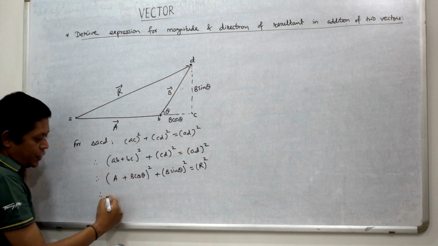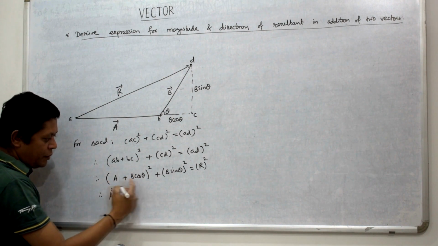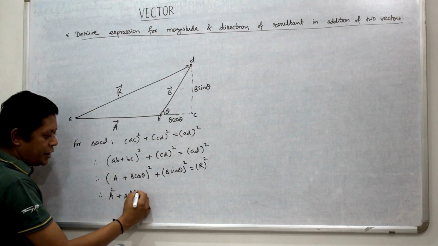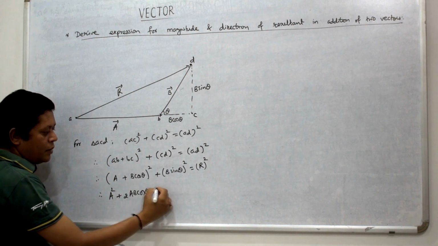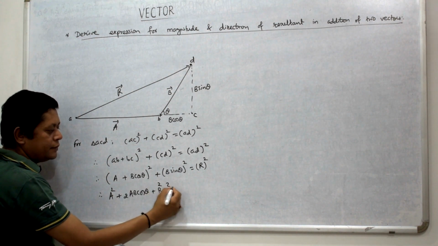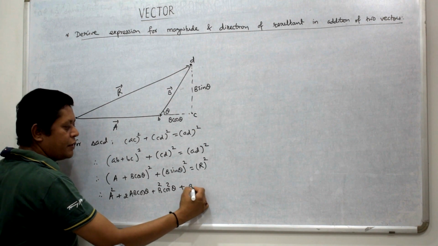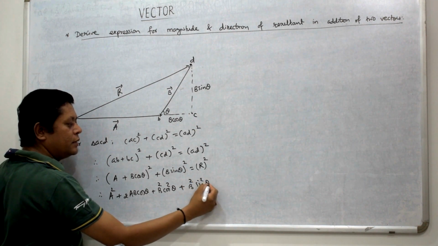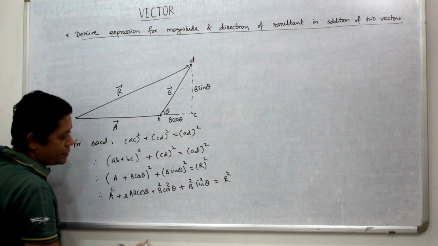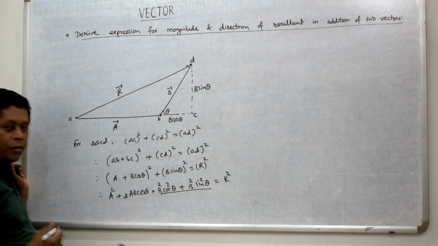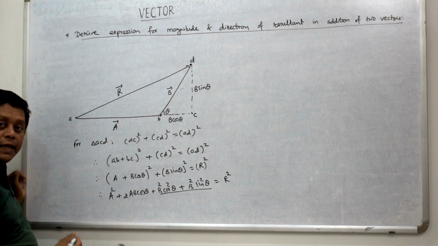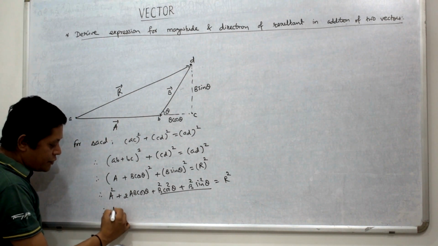So if you expand this, it is A² plus 2AB cos theta plus B² cos² theta, plus B² sin² theta, which is equal to R². If you take B² common, there is the identity sin² theta plus cos² theta is 1.